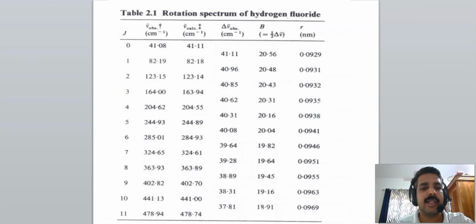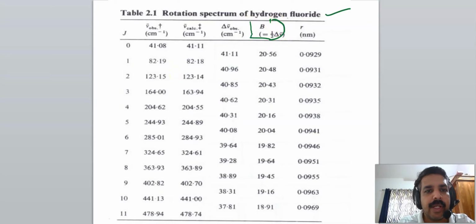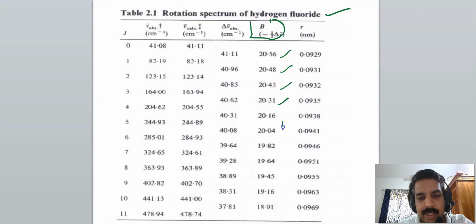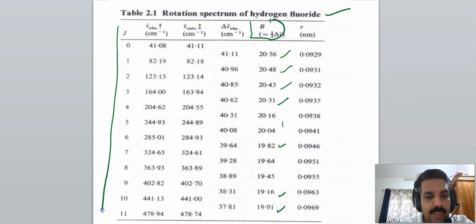If you look at this table, it is a rotational spectrum of hydrogen fluoride, with experimental values. You can see the B values: 20.56, 20.48, 20.43, 20.31, 19.82, 19.16, 18.91, as the J value increases.